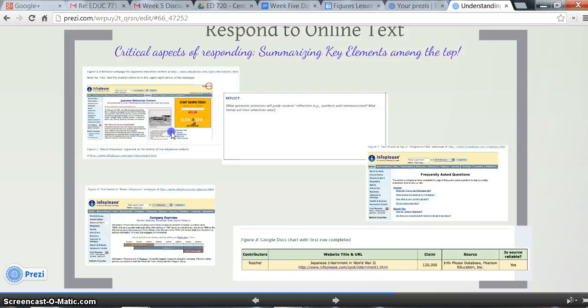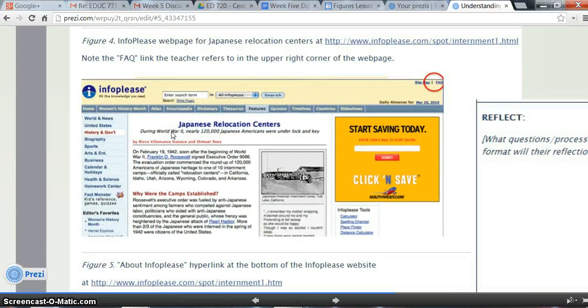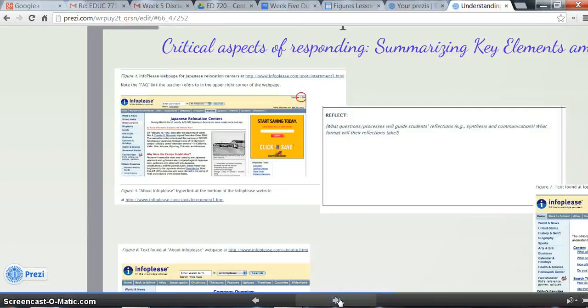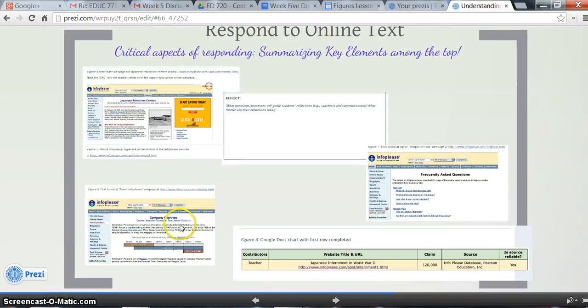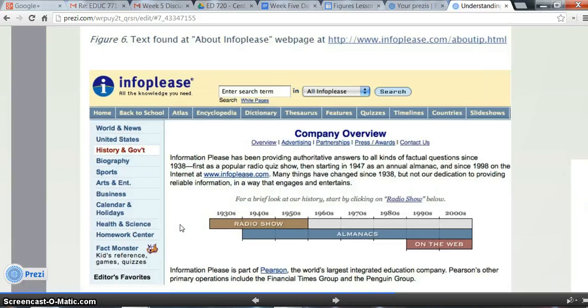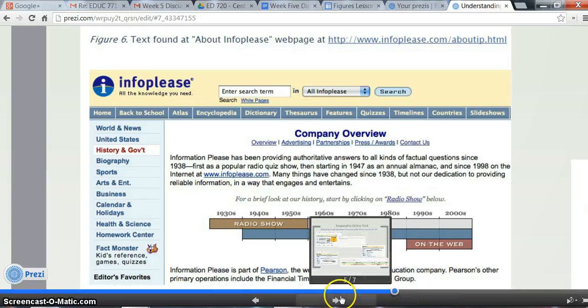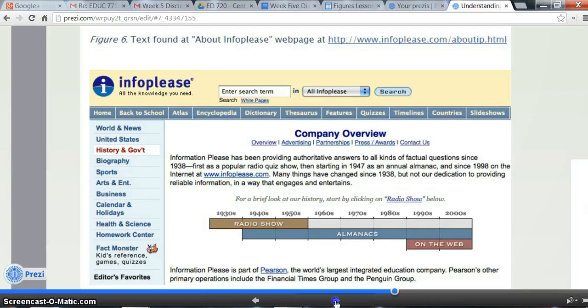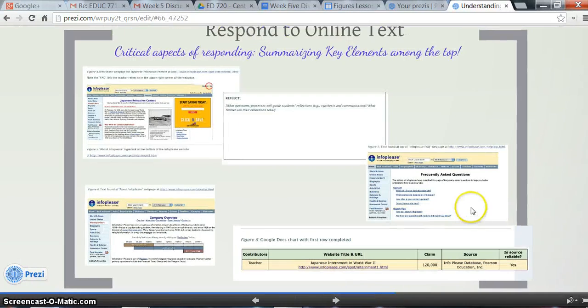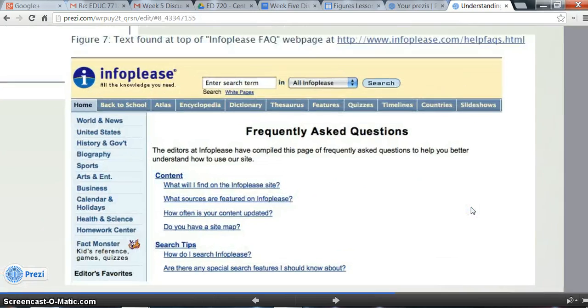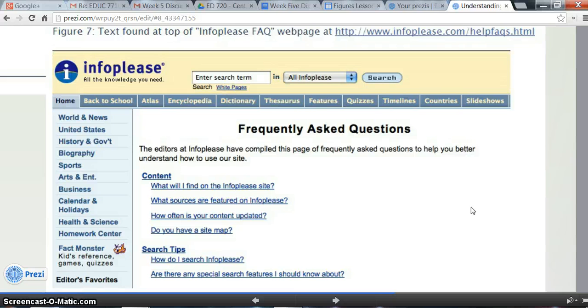And again, you can see that we started off in a good direction, and by following the leads, we move along into some more information that could be helpful to us or not. And finally, a frequently asked questions section that gives us some information about the site's credibility.